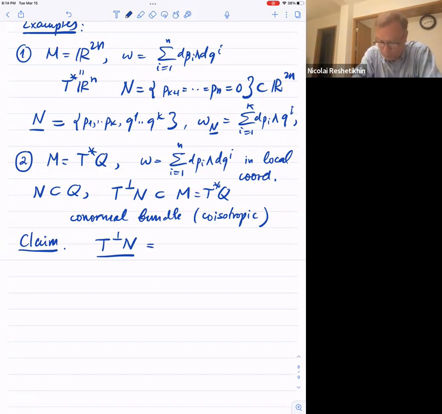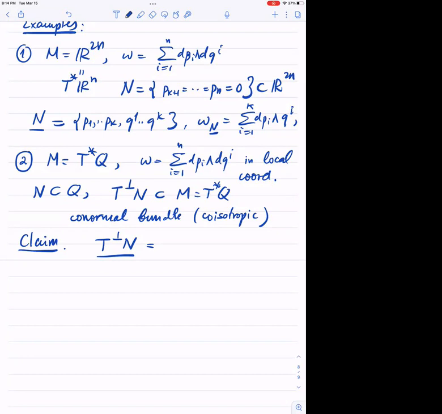What is the most natural symplectic manifold that you can associate to any manifold? You have a smooth manifold, so how can you construct a symplectic manifold out of it? Tangent. Cotangent bundle, yes.